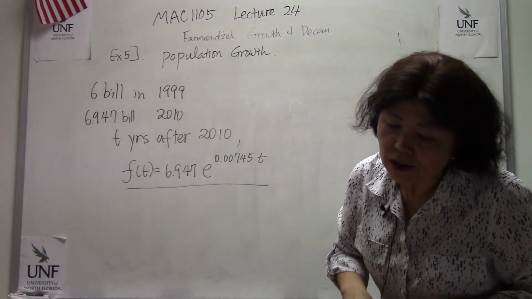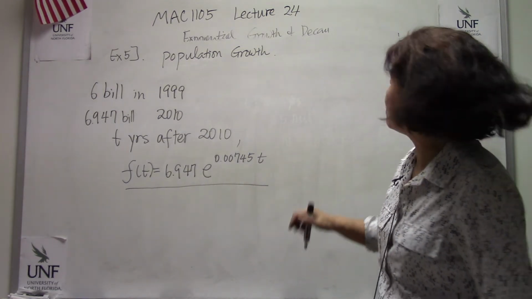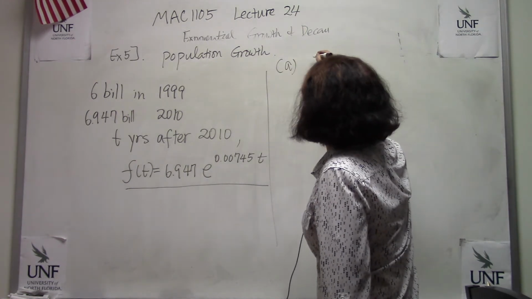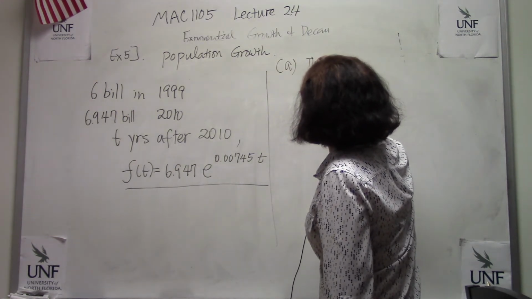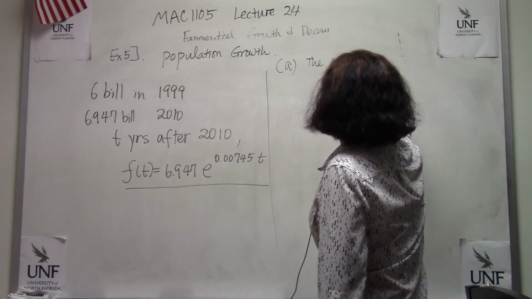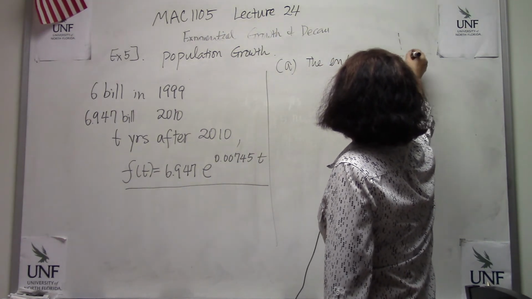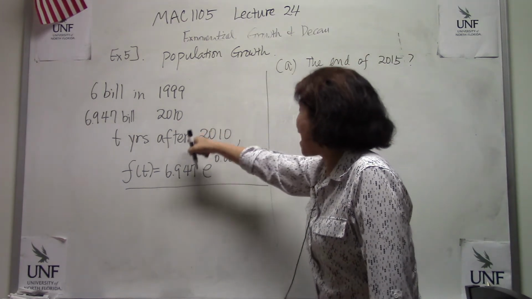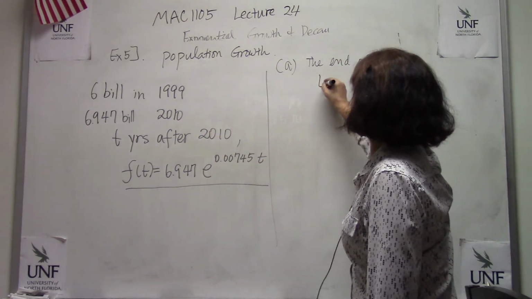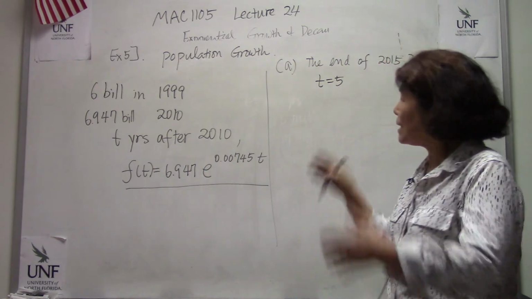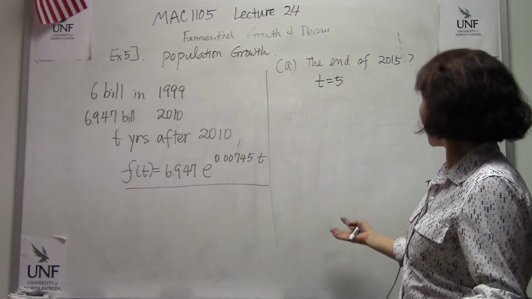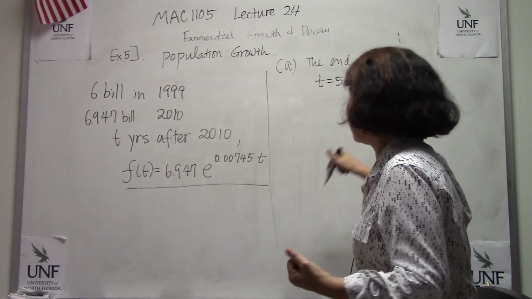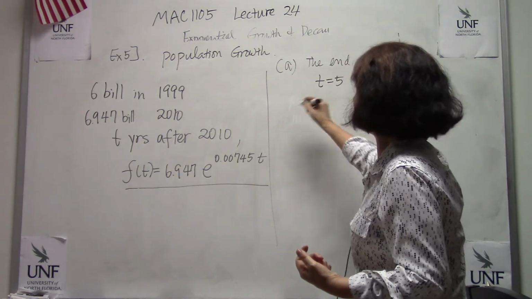What will the world population be at the end of 2015? That means 5 years after 2010. So t equals 5. The timeline is given. In that case, all you need is output, so just plug in, that's all you need.